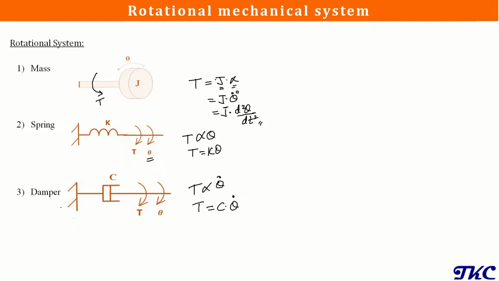Let's take up an example of each of these systems and see how we can determine the equation of motion or mathematical model. Let's take an example of a linear system. We have a spring, and a mass is attached to this spring, and to this mass a damping element is also attached.